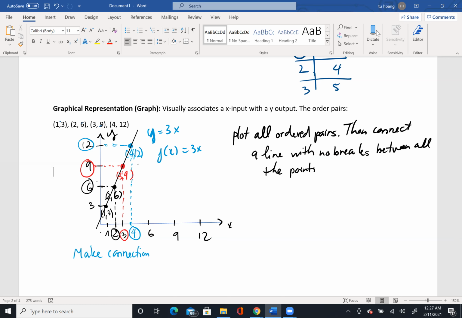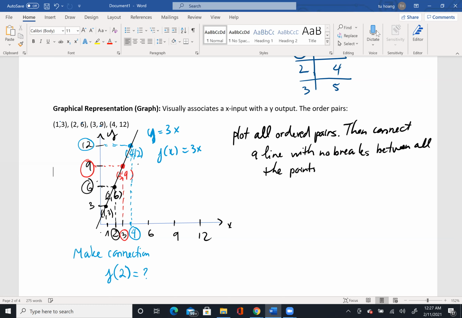In here, I know f of x equal to 3x, right? So if you want to see, say, f of 2, what is that equal to?